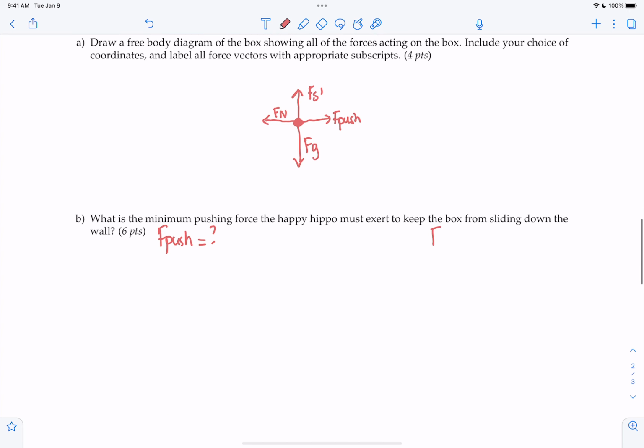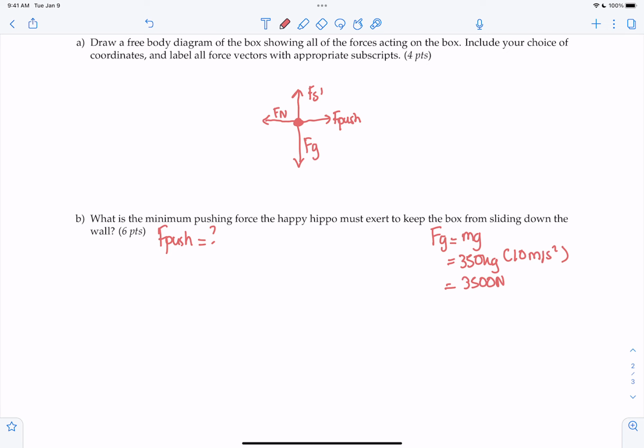So I can immediately figure out force of gravity. That's mg, so 350 kilograms times 10 meters per second squared, and so I should get 3,500 newtons for my force of gravity.